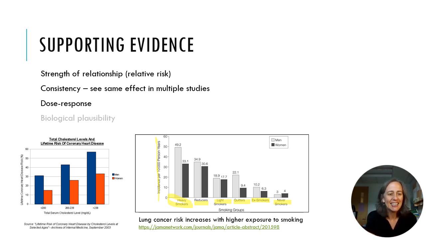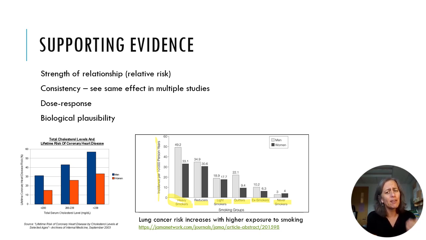It's complicated. All right. The fourth type of supporting evidence that we're going to look for is something called biological plausibility. So knowing what we do about how the body works, does it make sense that this could actually contribute toward a disease? In the case of cholesterol, we know that the blockages that form in coronary artery disease are mainly composed of cholesterol.